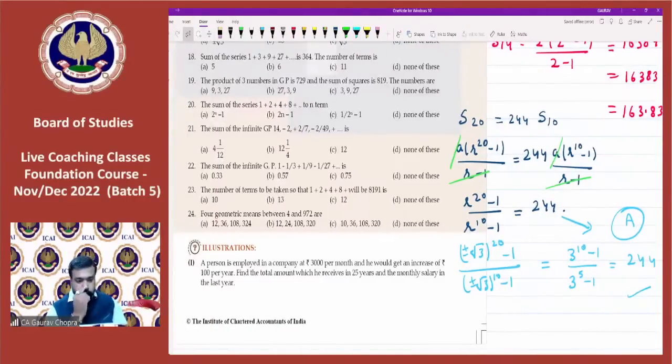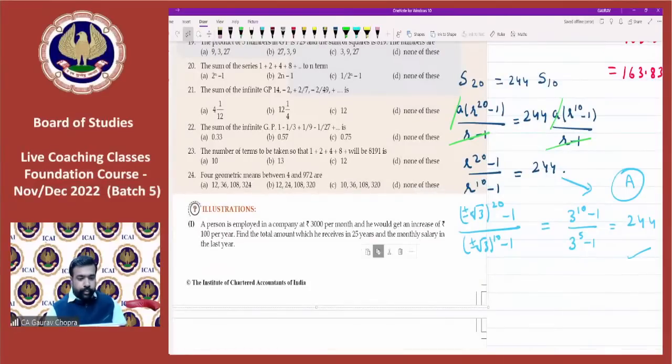Then let's try some question from 24th. So let's try 24th now. 4 geometric means between 4 and 972. You have to apply 4 geometric means between the 4 and 972.